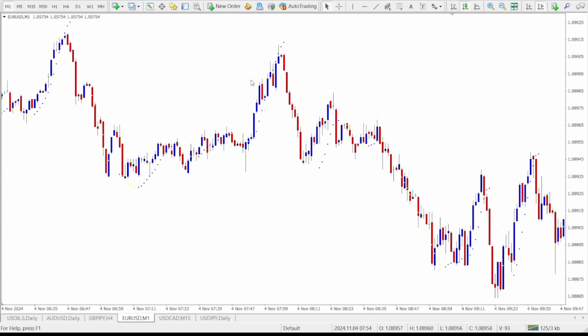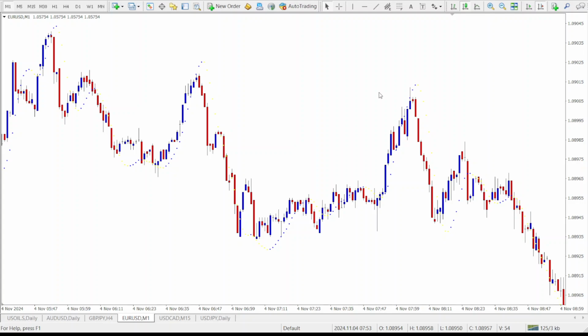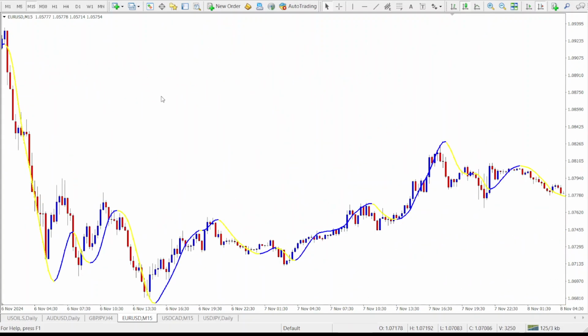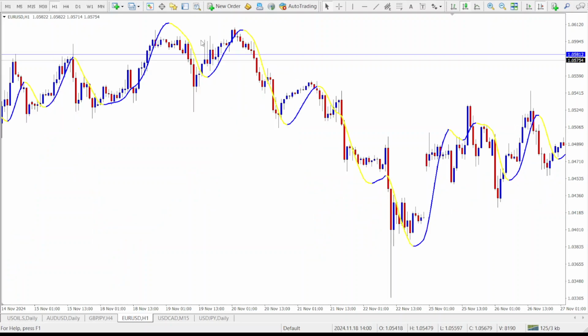I think it was just an error. Yeah, the indicator was still loading. The indicator is formed by lines. It is not like the parabolic SAR. It's more like a moving average.